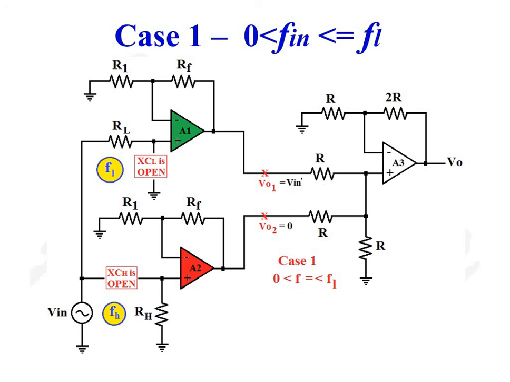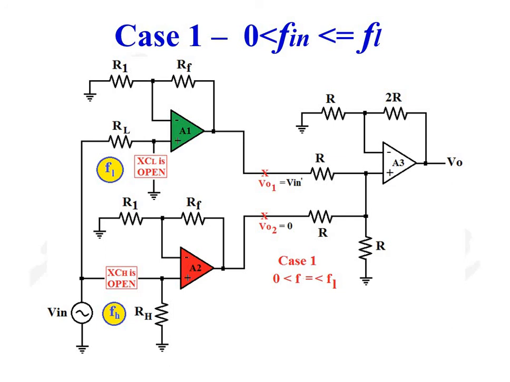As capacitor CL is open, the voltage at the non-inverting input of op-amp A1 is equal to Vin. So output of op-amp A1 is equal to Vin dash, which is equal to Vin into 1 plus Rf by R1.